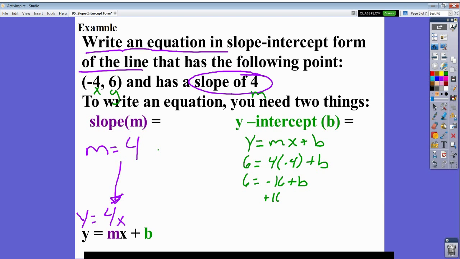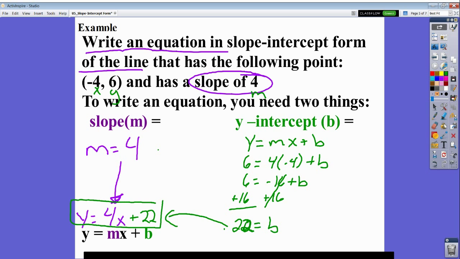I'm going to add 16 on both sides. 6 plus 16 is, I'm sorry, 22. I apologize. -16 plus 16 is 0, so we're left with b. We know the y-intercept is 22, and now we have our answer: y equals 4x plus 22. Again, we just had to find the slope and the y-intercept.